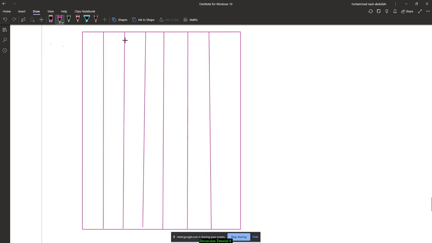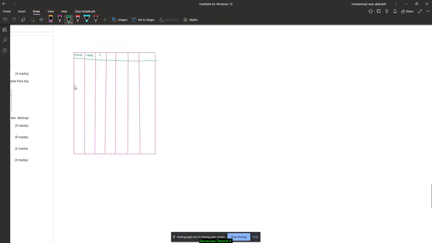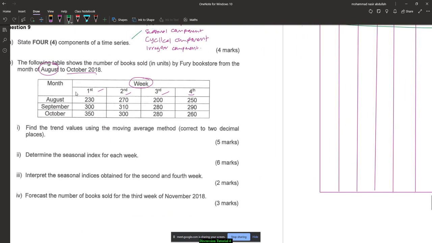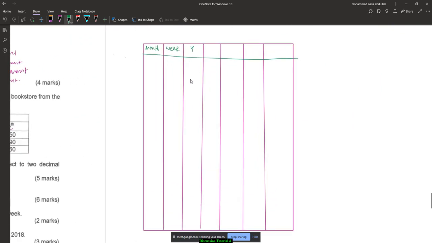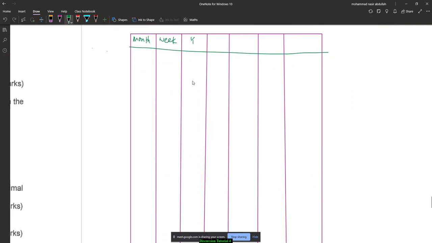Okay, so basically this one lah. This is month, and then this is week, and this is Y. What is our Y? Y is unit, book sold. Okay. So this is month of August, and we have week 1, week 2, 3 and 4, right?